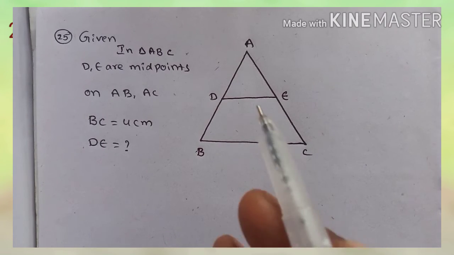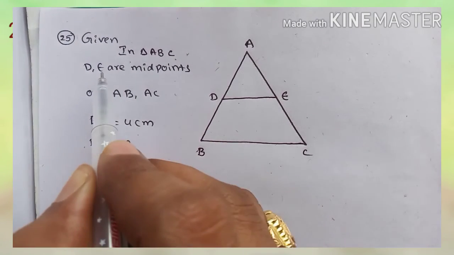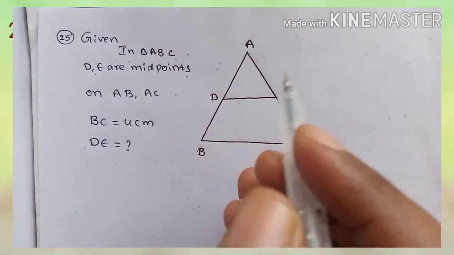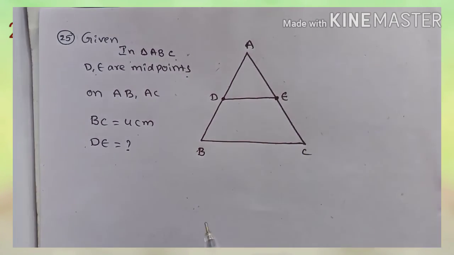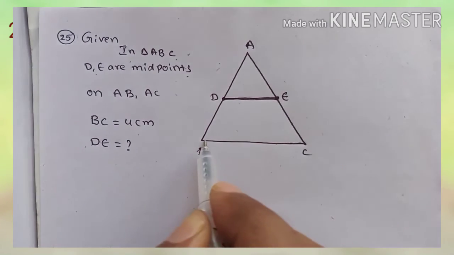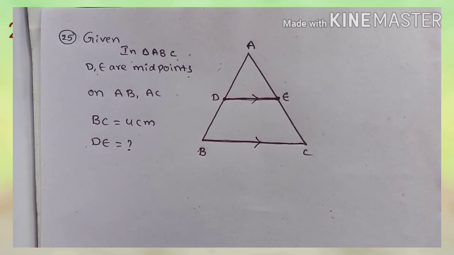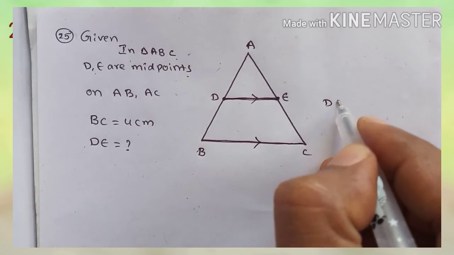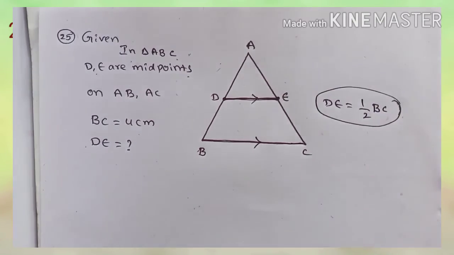Given in the problem, in triangle ABC, D and E are the midpoints. Here D is a midpoint, E is also a midpoint. A line joining the midpoints of sides is definitely parallel to the third side and half of it. That means DE is equal to half of BC.